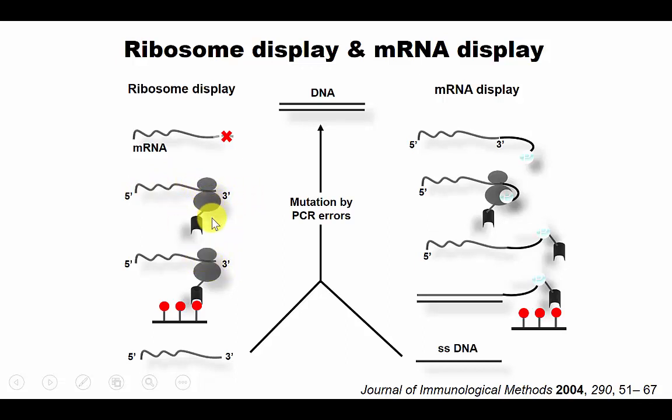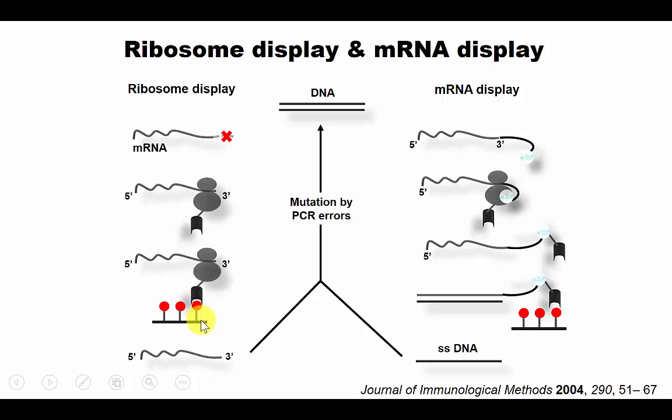So in this case, the protein carries its genetic information, the mRNA, together through the ribosome. Then utilizing this complex, the protein can be used for screening. After this is selected, the mRNA can provide genetic information of the structure of this peptide. Then this cycle can be repeated, or this sequence can provide the information of these peptide sequences.